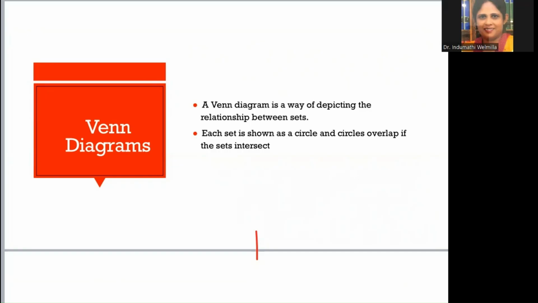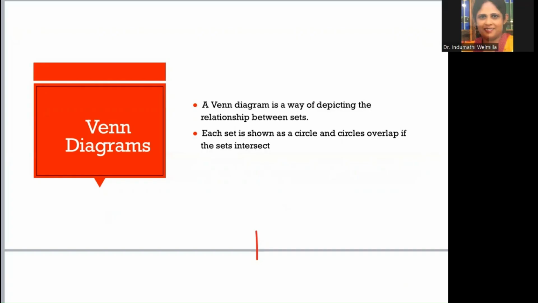When we draw Venn diagrams, sets are represented by circles. The inside of the circle represents all the elements that are members of the set, and the outside of the circle represents all the elements which are not members of the set.